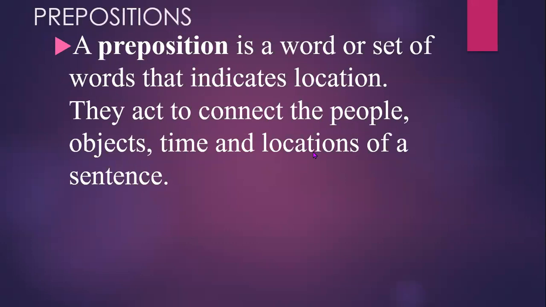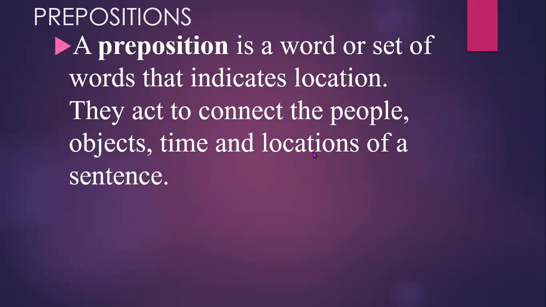Basically, a preposition is a word or set of words that indicates location. They act to connect the people, objects, time, and locations of a sentence. Meaning when we say preposition, it is used to indicate the location of an object. It also talks about the time in the sentence or places in the sentence.